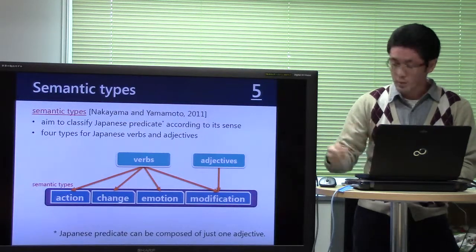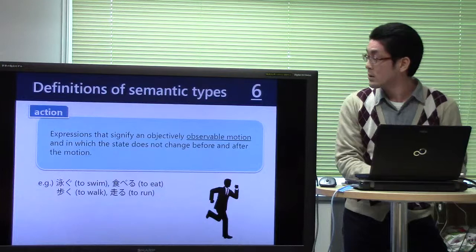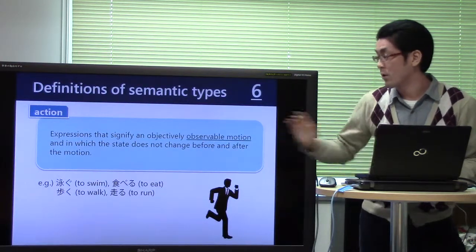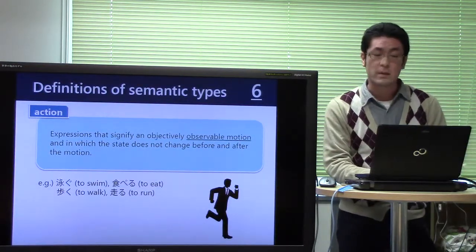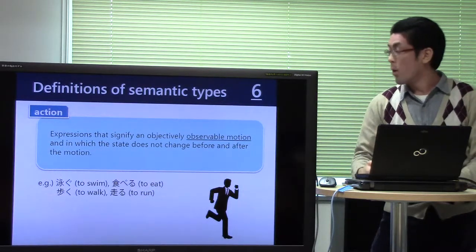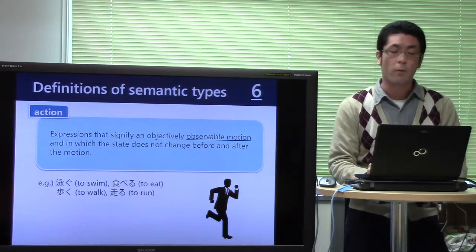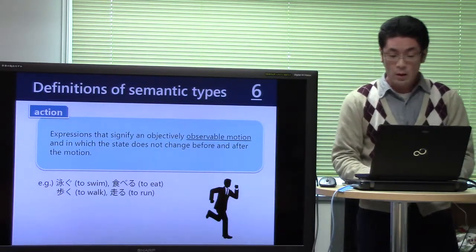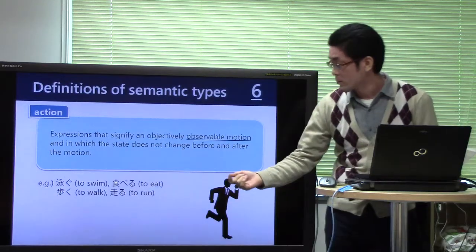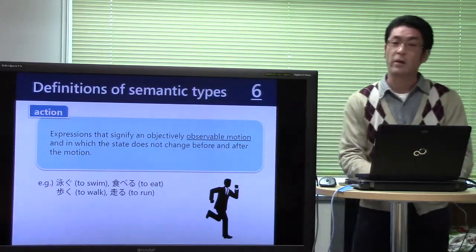I'm going to introduce their definitions. First type, action, is an expression that signifies an observable motion, and in which the state does not change before and after the motion. For example, the verbs to swim, to eat, to walk, and to run have the type action.